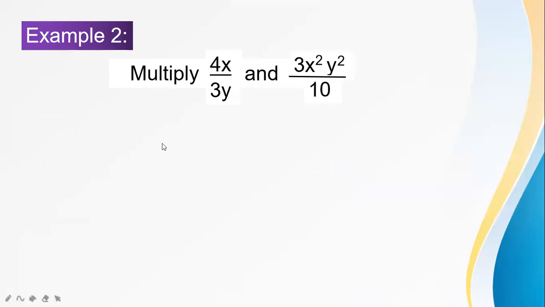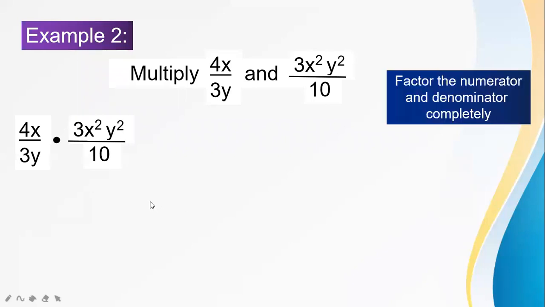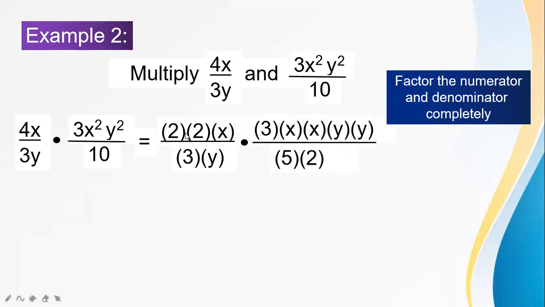Next, we have multiply 4x over 3y, then 3x squared y squared over 10. So again, we have 4x over 3y multiplied by 3x squared y squared over 10. First step, factor the numerator and denominator completely. So these will be the factors of the first term and of the second term.